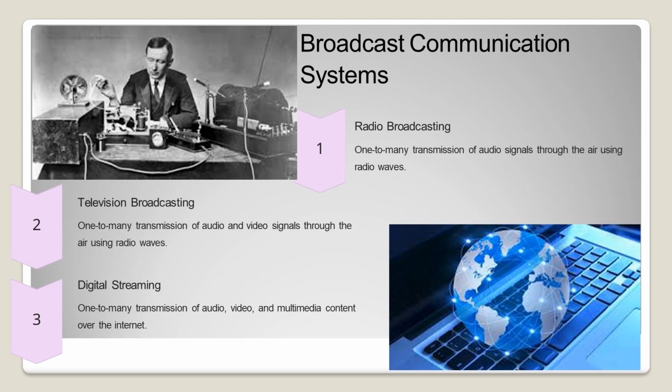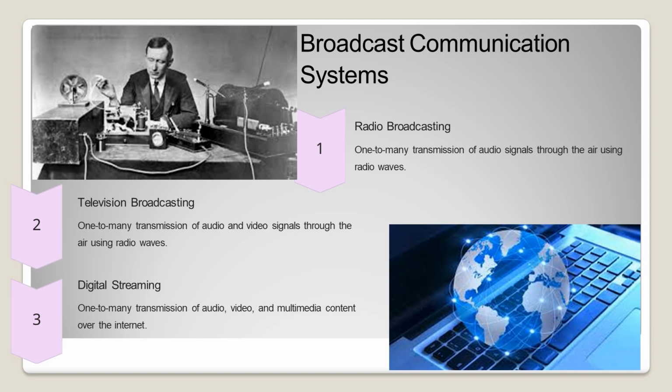Next is the classification depending on the users or consumers, the ones who consume the information. The first one is broadcast, also called the broadband communication system. An example I can give is radio broadcasting. Any FM and AM radio station can use this communication system to broadcast their signals.